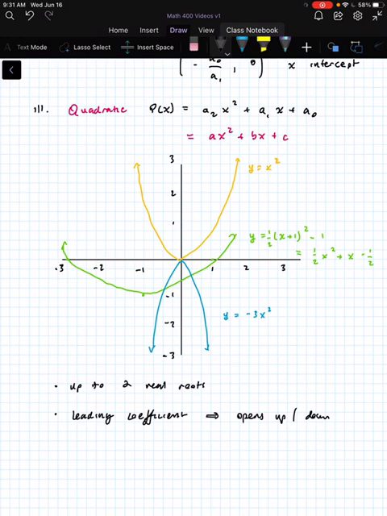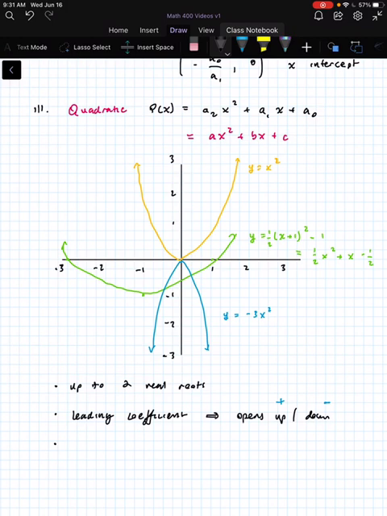So you'll see the quintessential parabola shape. And if the sign in front is negative, then it opens down, and if it's positive, it opens up.